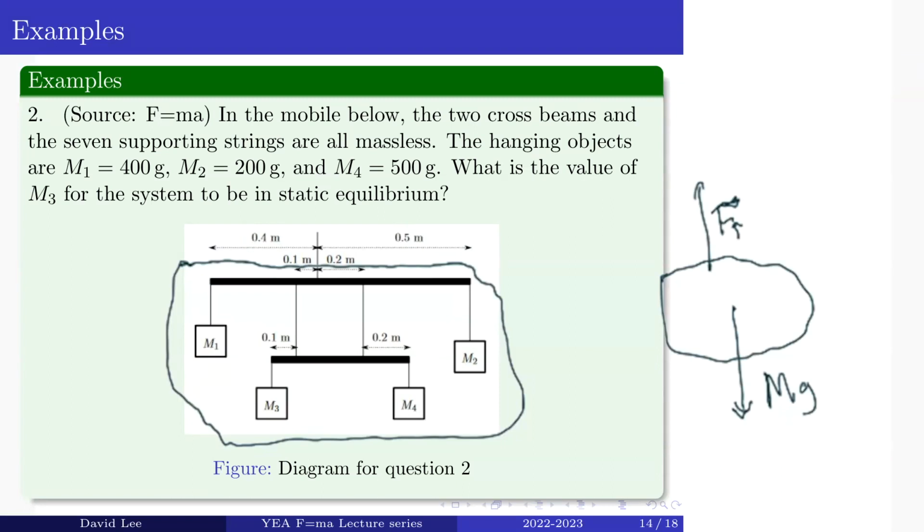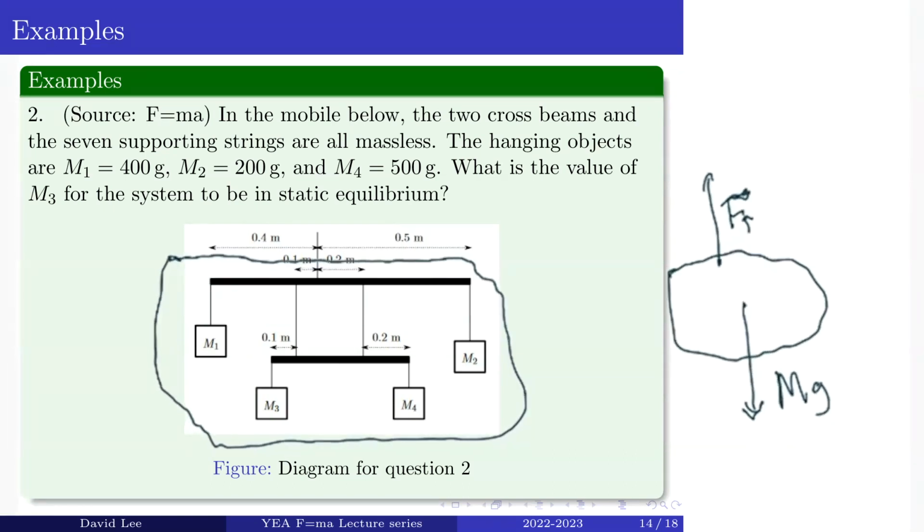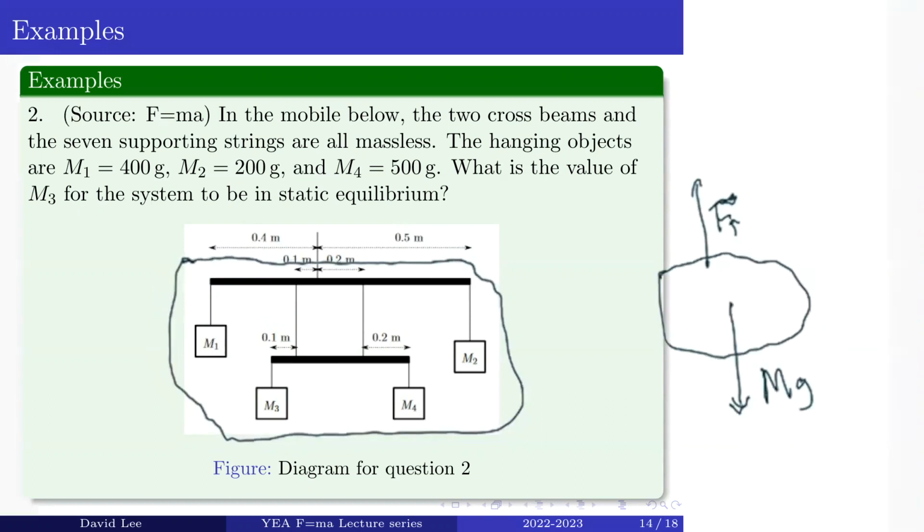Okay, so let's say we have our box here. It's just chilling. What's the net torque on this box? First we have to choose an origin. It actually doesn't really matter.